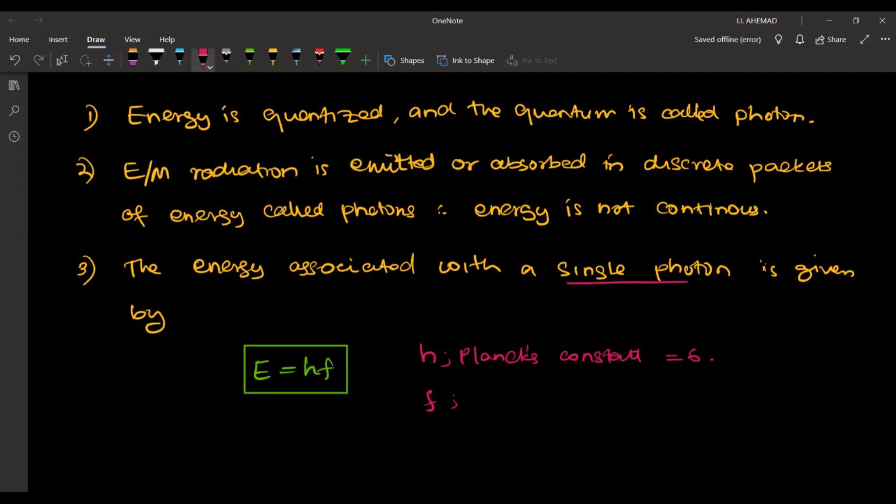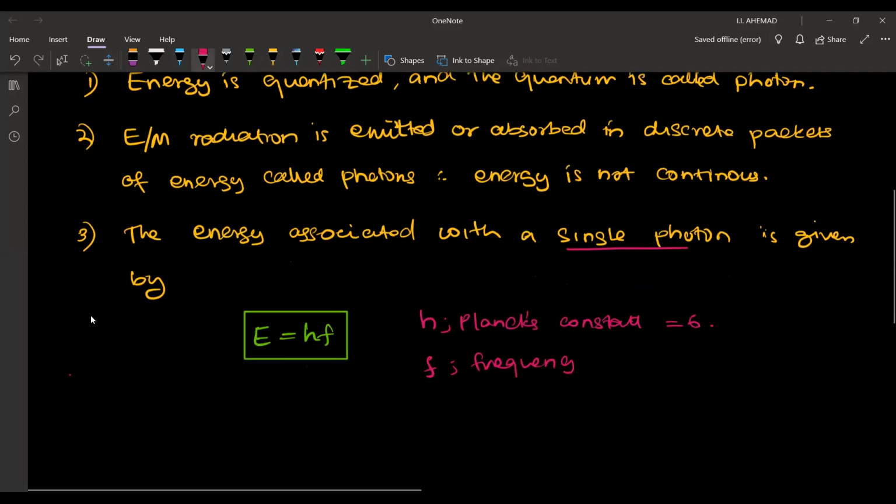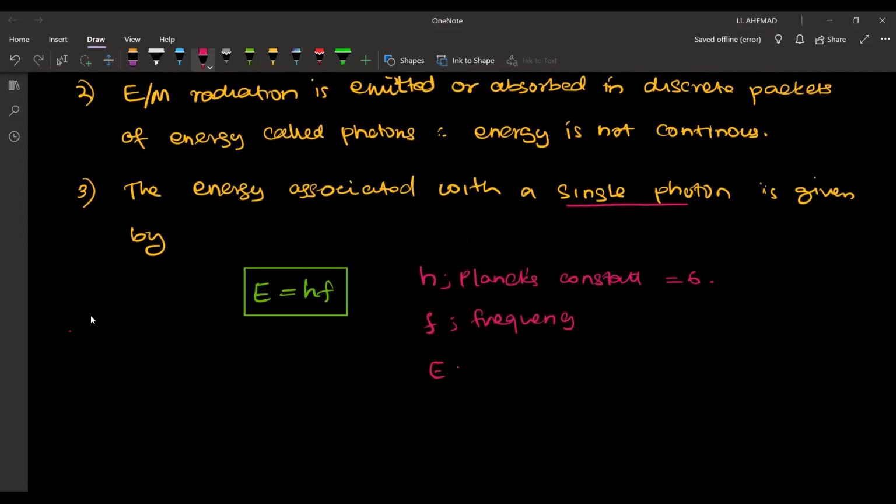And f is the frequency. E is the energy of a photon.